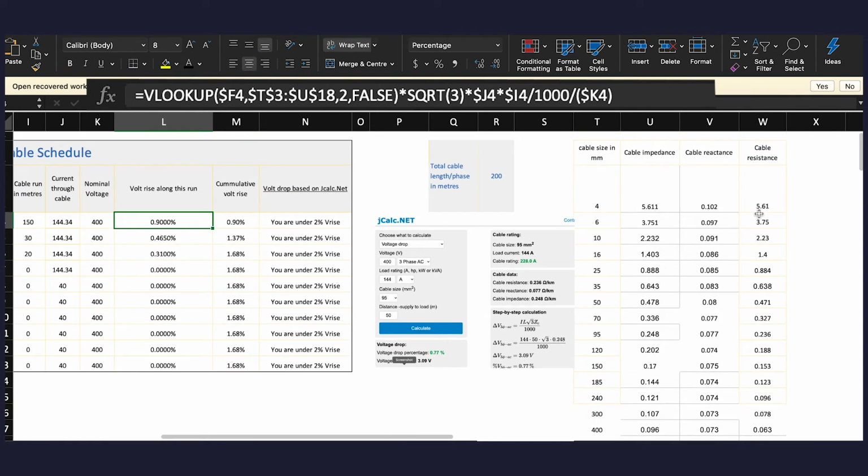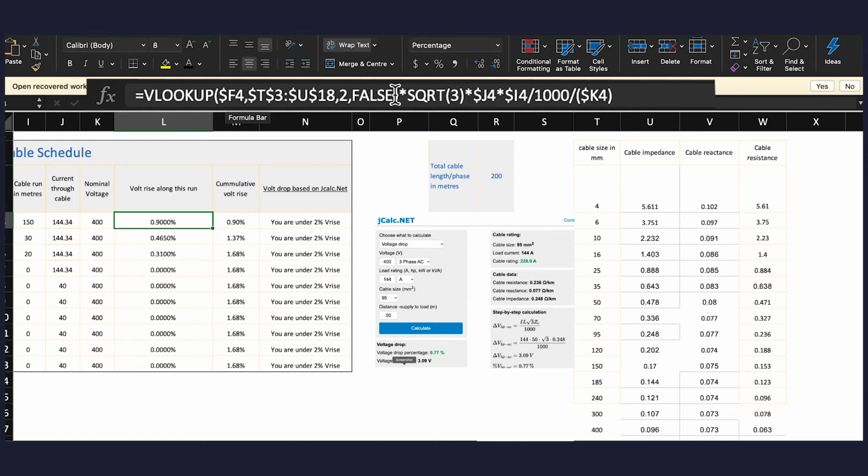Now, we're not looking at cable resistance because it's AC, we're looking at the cable impedance. So the resistance value is slightly smaller than the cable impedance value. So it looks across there and goes, okay, the cable impedance there is 0.096. So it looks in column 2, as I said, down here.